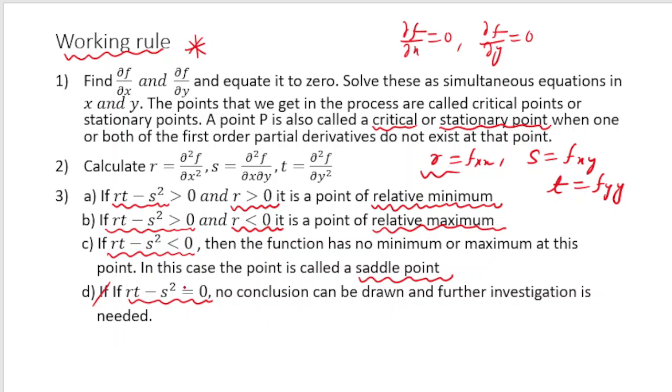To decide the nature of the point where rt minus s square is 0, we need to investigate further. You can think of it like this: the local police station fails to solve the case, so it should be handed over to the CBI.